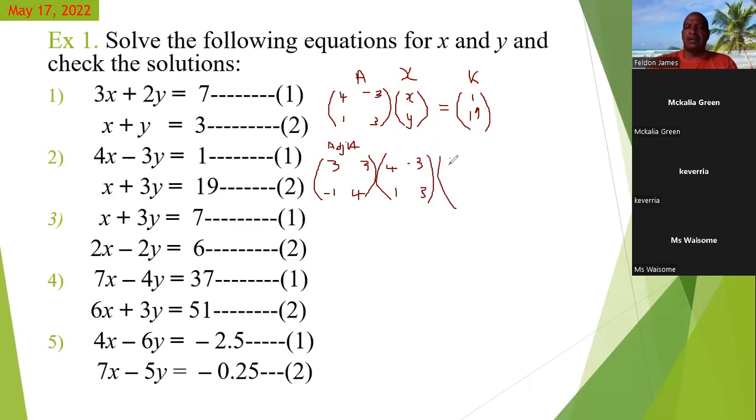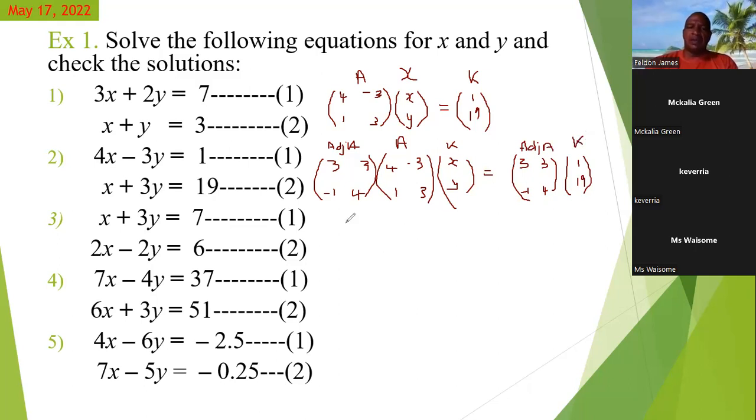Then we have X, Y. So this would be A, this would be K. And then now we have adj A again: 3, negative 1, 3, 4, times K, which is 1 and 19. So this is adj A, and this would be K.